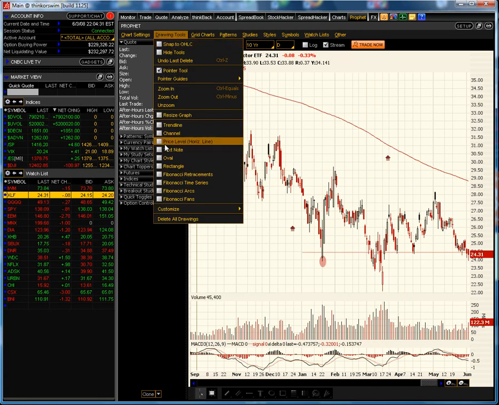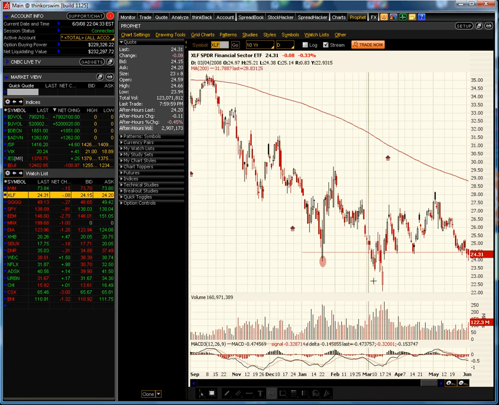Let's see, we've got another one here. And we have a potential another one right here. And it looks like I've drawn this little resistance line here. Prices went through it. They dramatically went up from there.